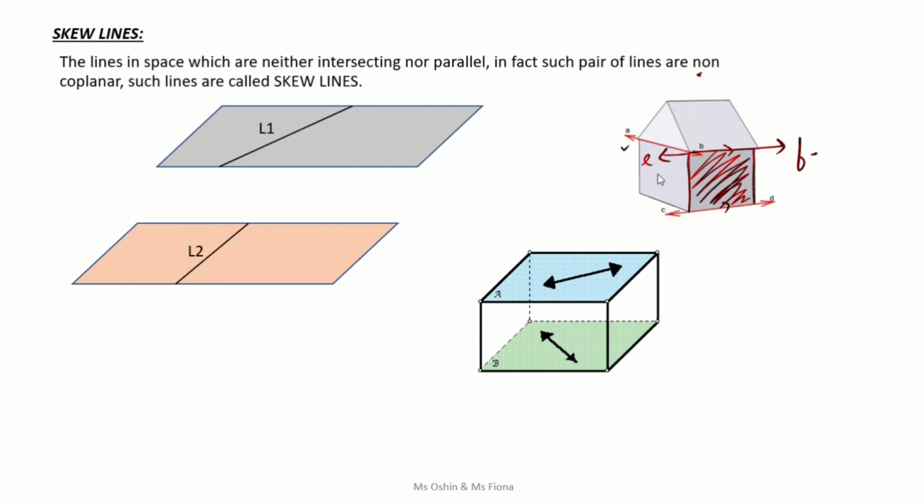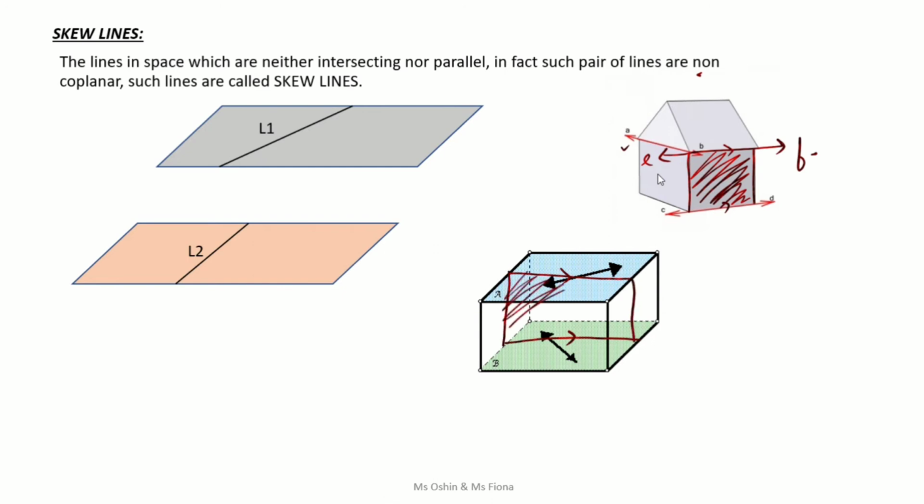If I have to explain it one more time, suppose I take two parallel lines like this. Now if you see like this, they are in different planes. But what happens if you draw the other set of parallel lines?